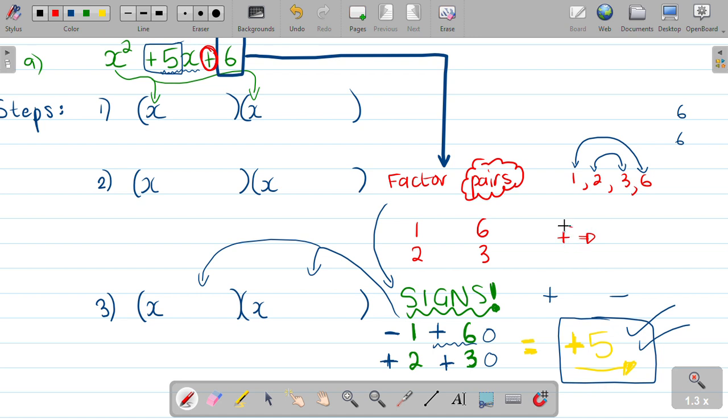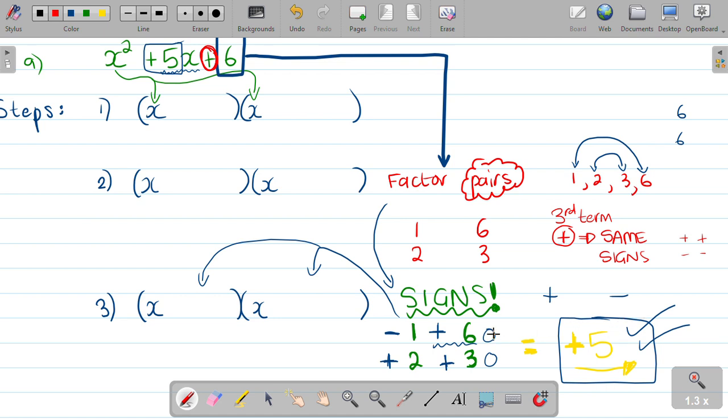So just have a look at this note here. If the third term is positive, then you must have the same signs in the brackets. So it can either be plus and plus, or it can be minus and minus.